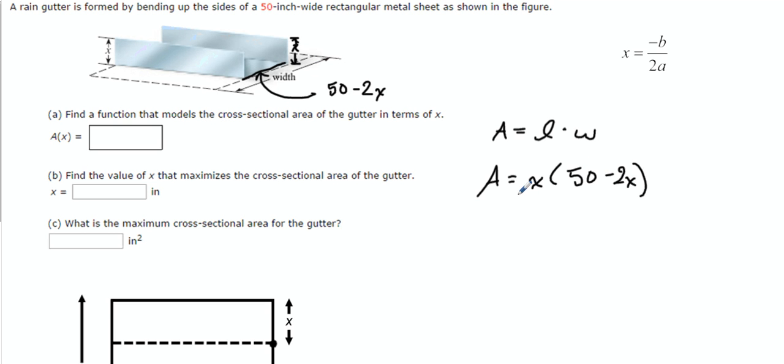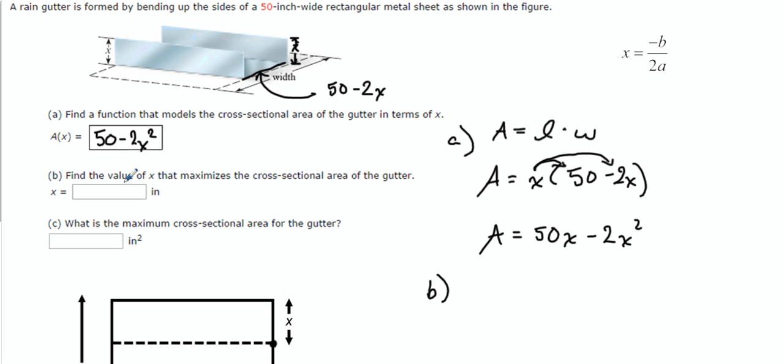And we're simply going to distribute the x here and the x here. In doing so, we will get 50x minus 2x squared. So our expression for the area is going to be 50x minus 2x squared. Okay, so that's our part A.